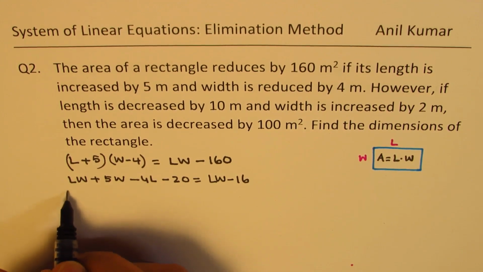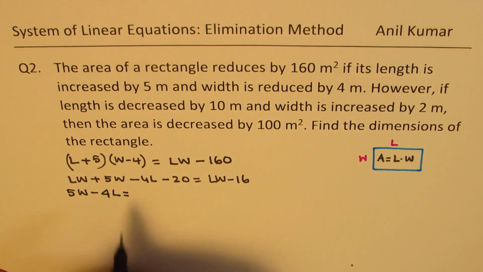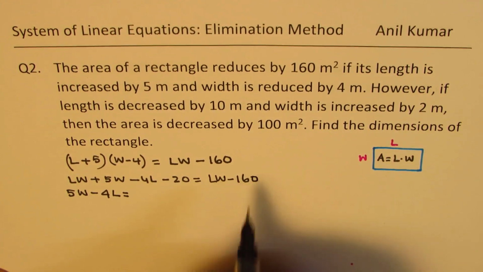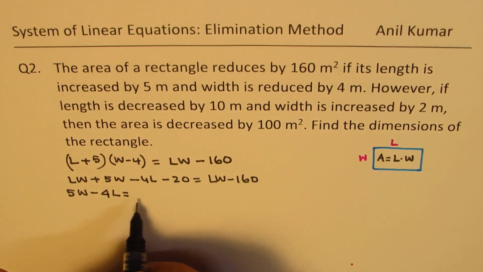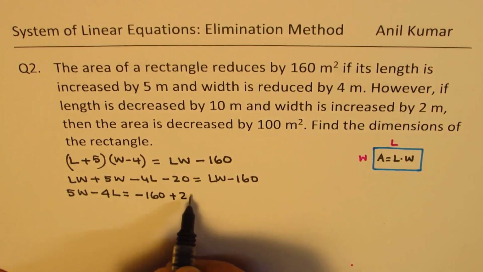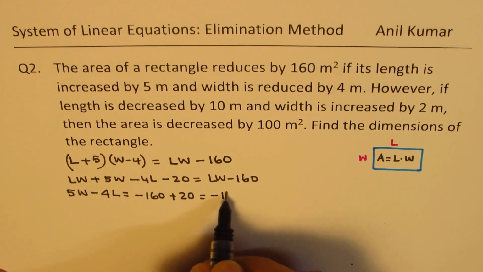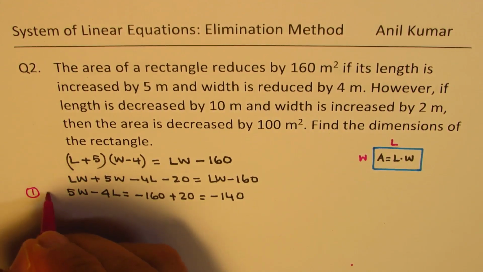What you're left with is 5 times width minus 4 times length equals, taking minus 20 to the other side, minus 160 plus 20, or minus 140. So that becomes one of your equations. We'll call this our equation number 1.